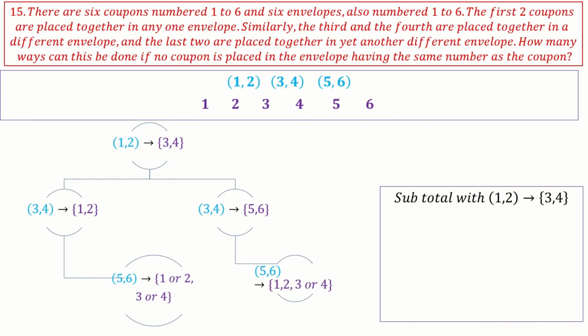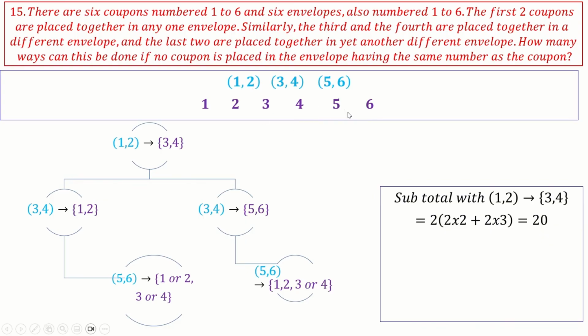Subtotal with 1 comma 2 going into 3 comma 4 is 2 times, because here I have two options, 2 times 2 into 2, two options here, two options here, 2 into 2, plus, because there are two options here, plus 2 into 3, right? Which is nothing but 4 plus 6, 10, 10 into 2, 20. 20 is the subtotal if 1 comma 2 goes into 3 comma 4.